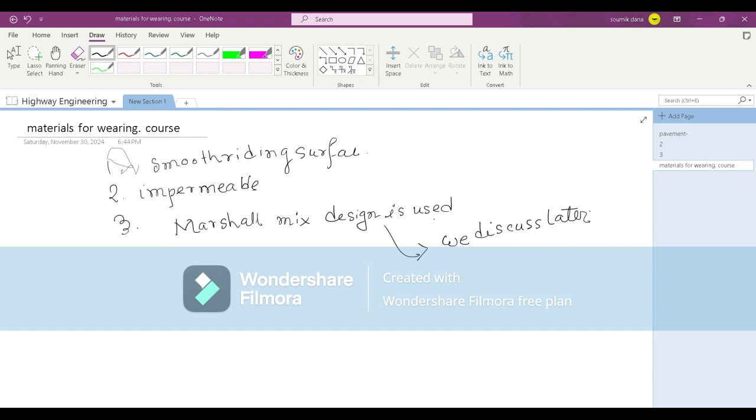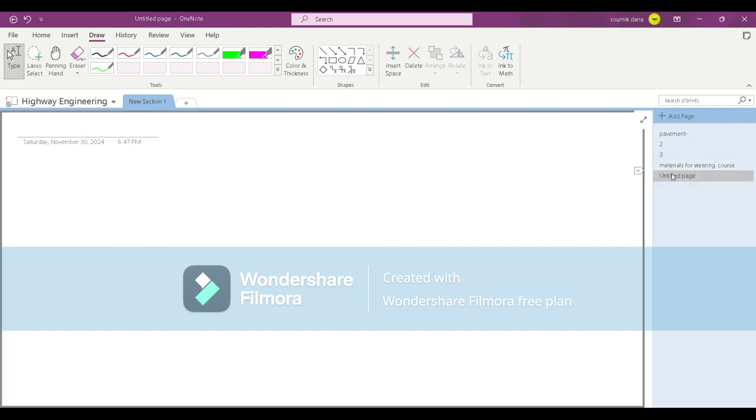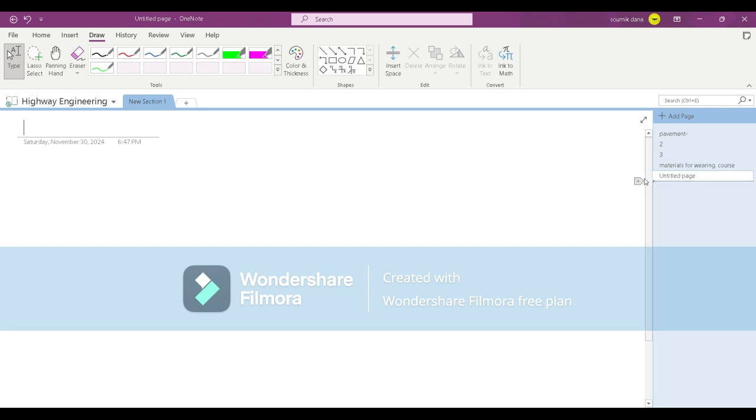Design factor. This is the flexible pavement. And now, how can we design the flexible pavement further?